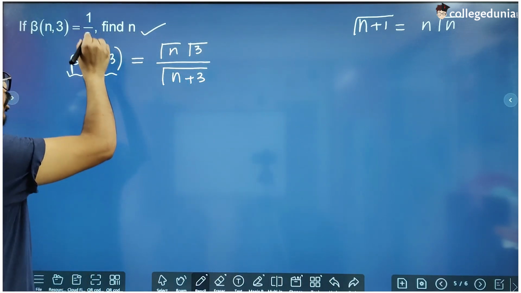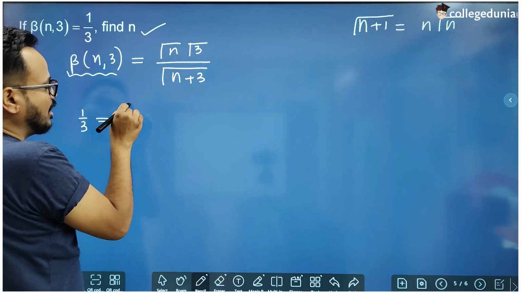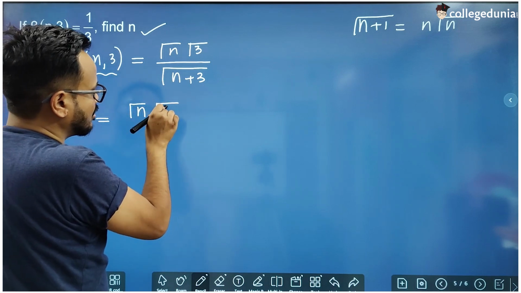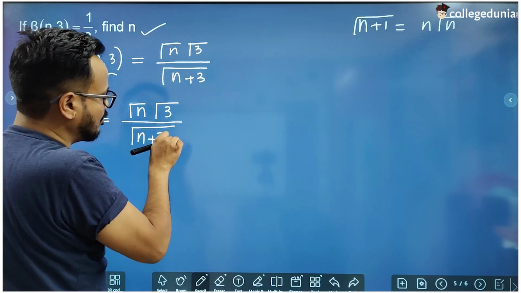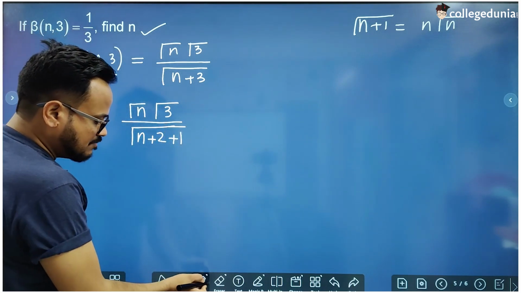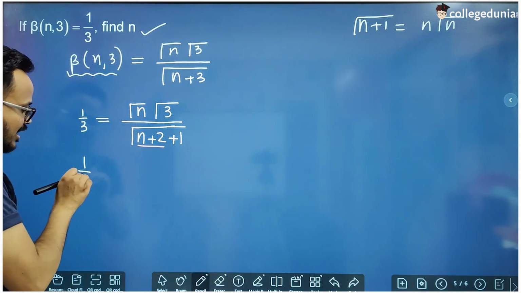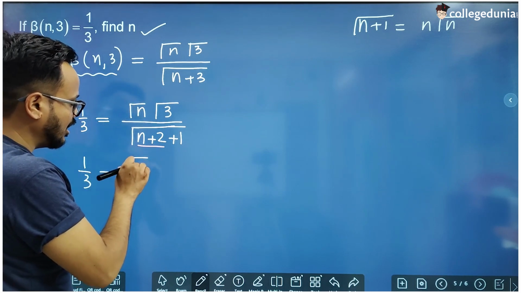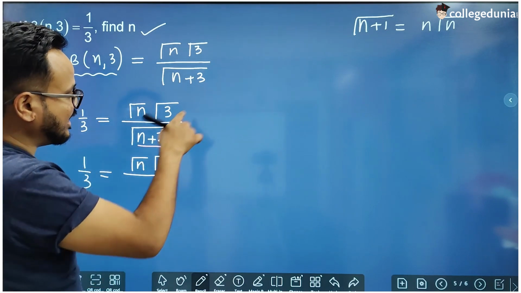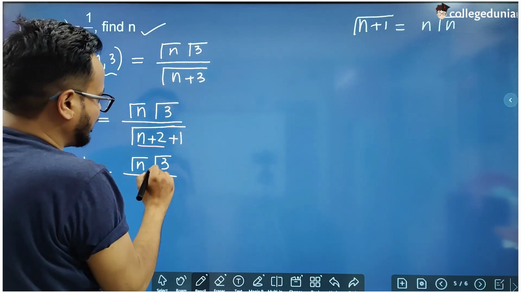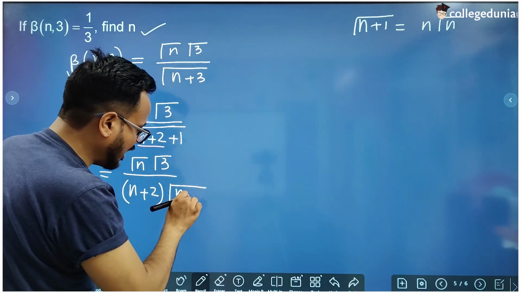Beta n comma 3 is 1 by 3, so let's put 1 by 3 in place of this. We can write this n plus 3 as n plus 2 plus 1, so this becomes our n, and 1 by 3 is equal to gamma n gamma 3 divided by, using this property, taking n as n plus 2, n plus 2 gamma n plus 2.